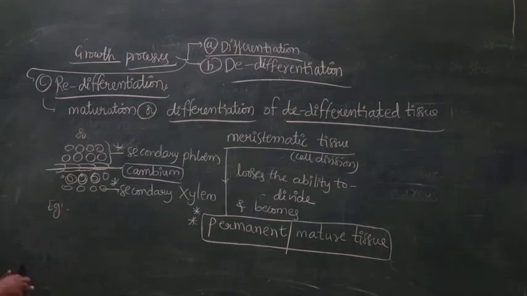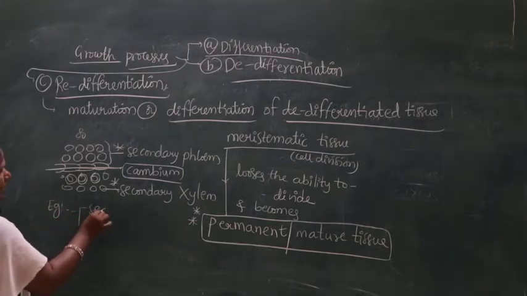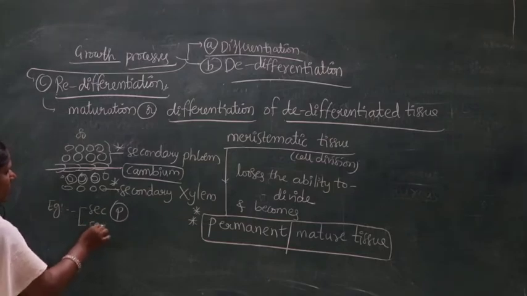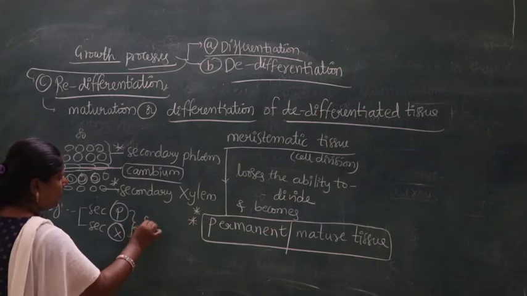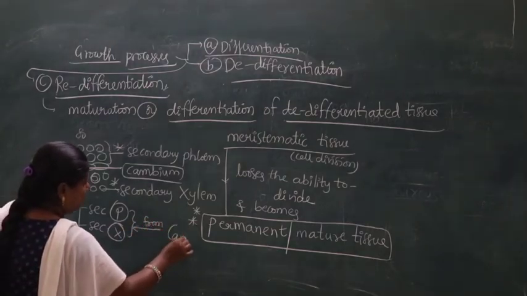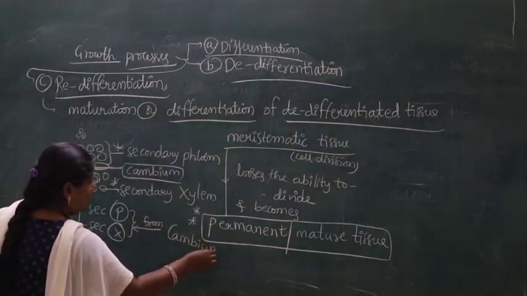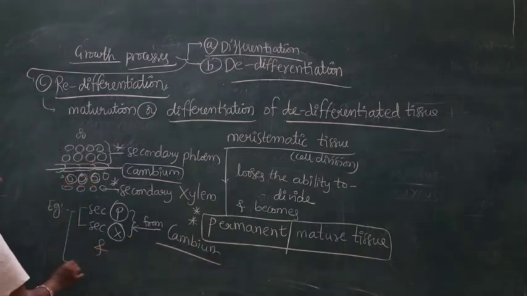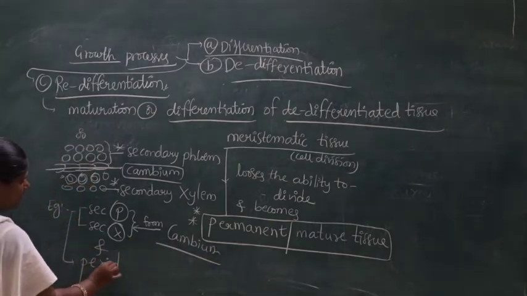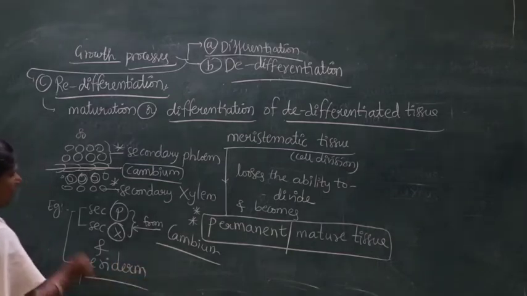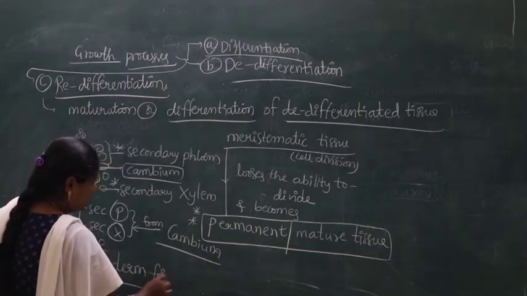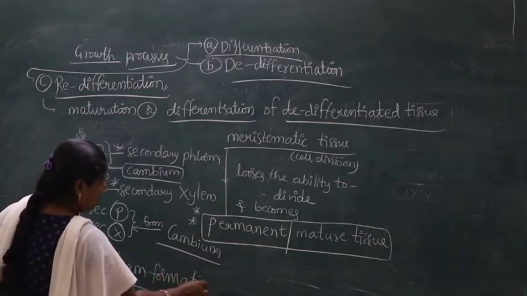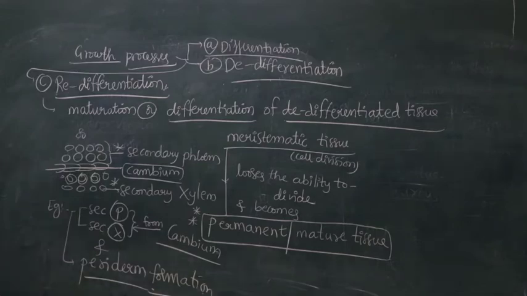That means formation of secondary phloem and secondary xylem from where? From cambium, right, and then periderm formation.